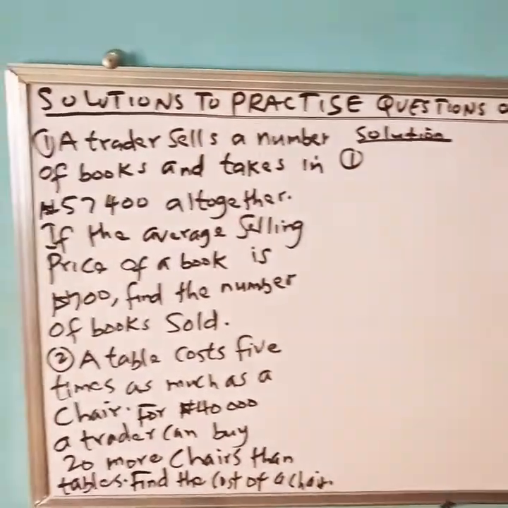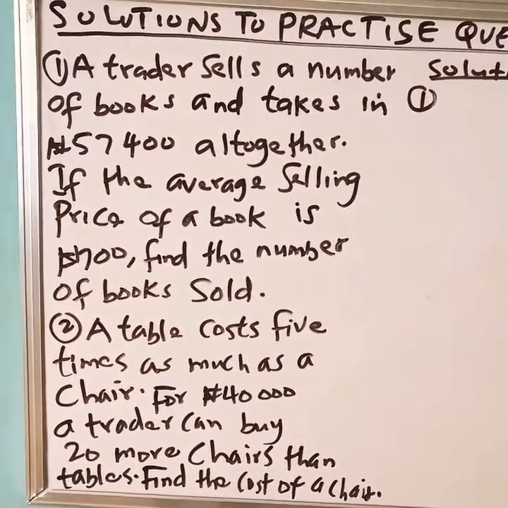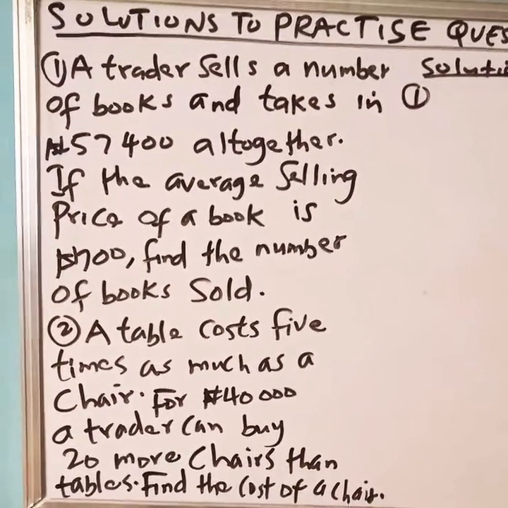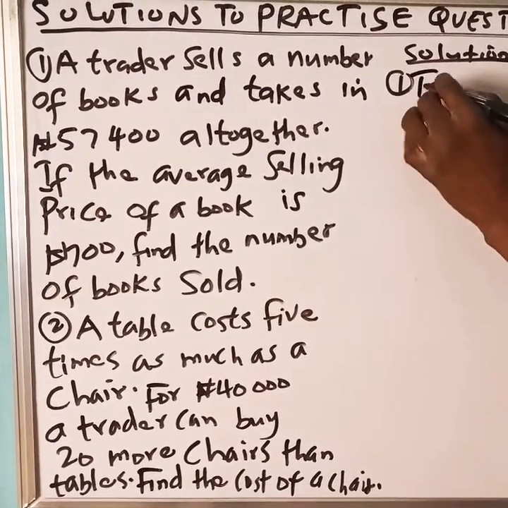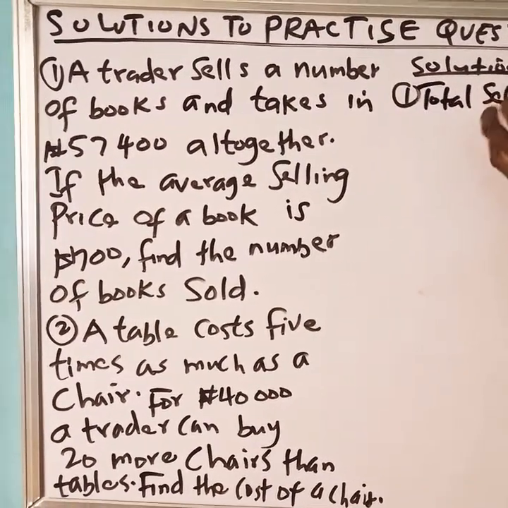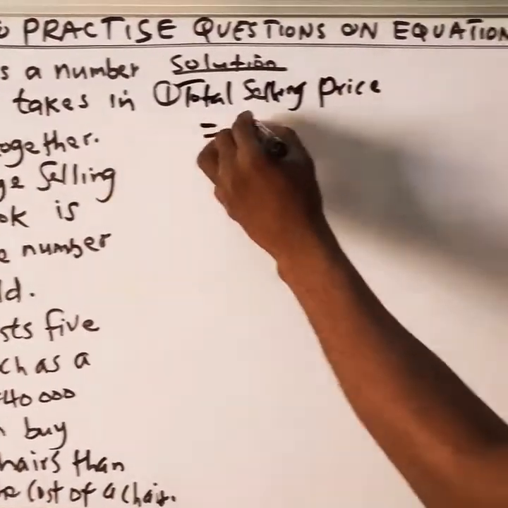Now, one, a trader sells a number of books and takes in 57,400 naira altogether. That is the total selling price.